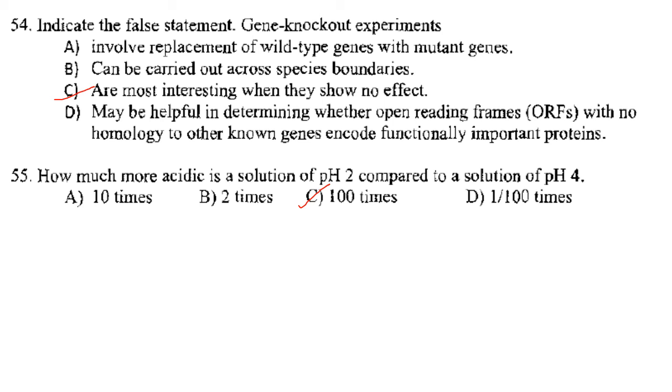That is, if it is pH 4, it is 10 times more acidic than pH 5 and 100 times more acidic than pH 6. So here they have asked for pH 2 compared to pH 4. So pH 2 is 100 times more acidic than pH 4. So the answer is option C.